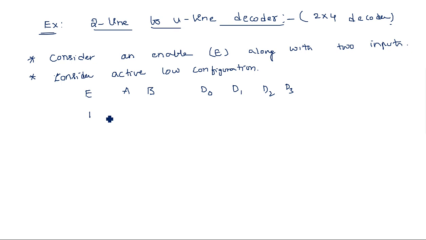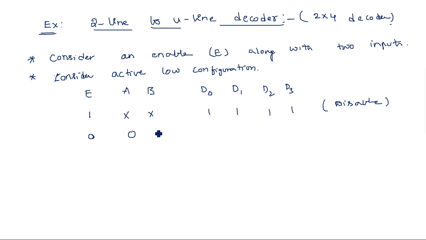As the chip is disabled, whatever input we give, it will not respond and simply all outputs are active low. Here the chip is in disabled condition. Now activate the integrated circuit, activate the decoder. So when enable is equal to 0, the chip is activated, or the decoder is activated.